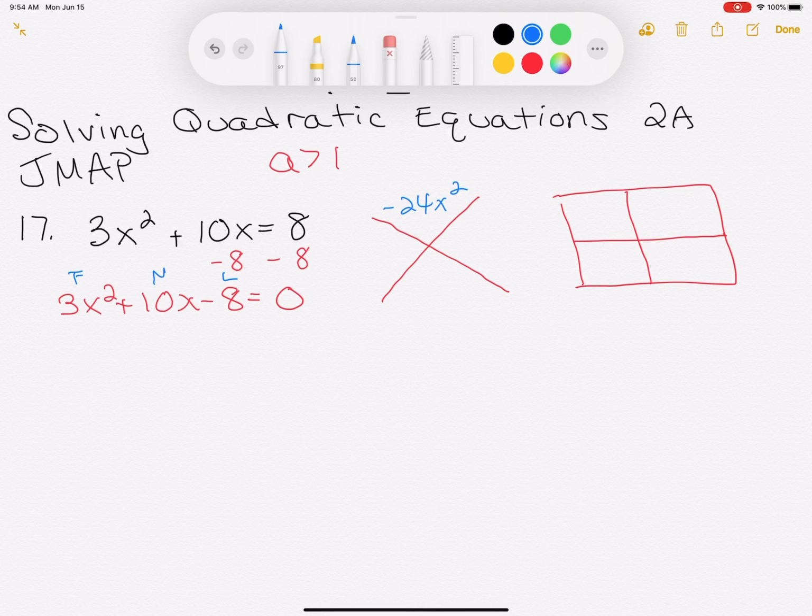Now I'm going to take the middle term and put that on the bottom. That's 10x. So this is one where at first it appears that it would be the 6 and 4.